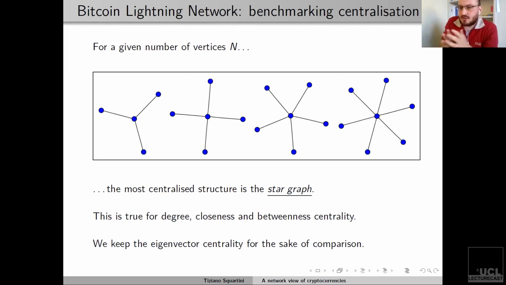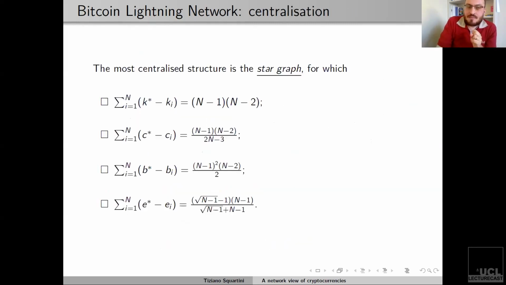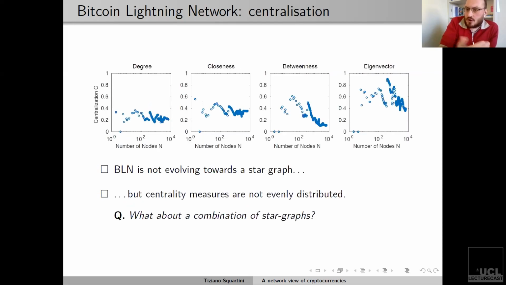So we asked ourselves, is the Bitcoin Lightning Network becoming more and more similar to a star graph, which would signal, I mean, we should be worried, no, from these results. So we calculated the centralization, basically for a star graph, and compared the evolution of this index with respect to the Bitcoin Lightning Network.